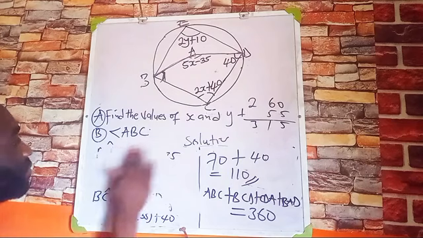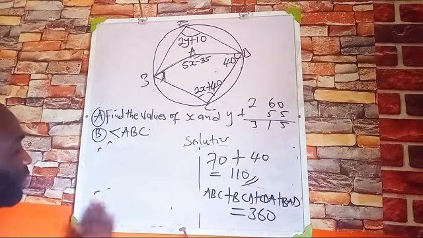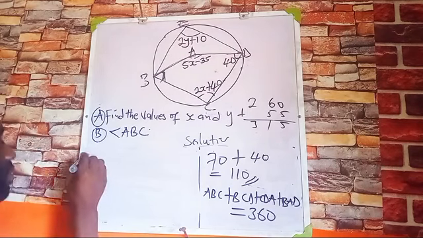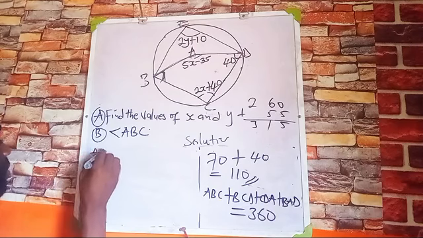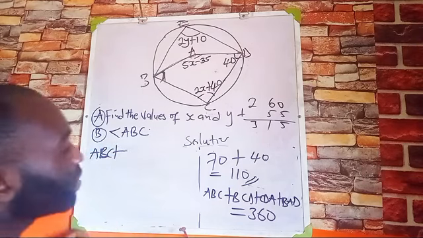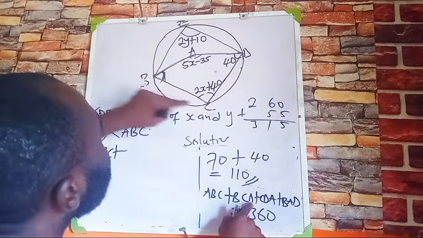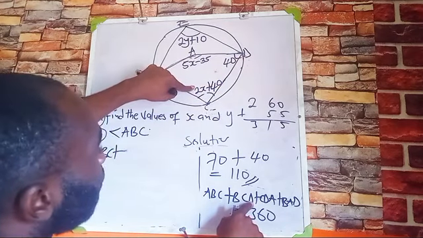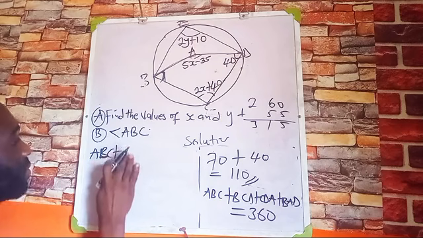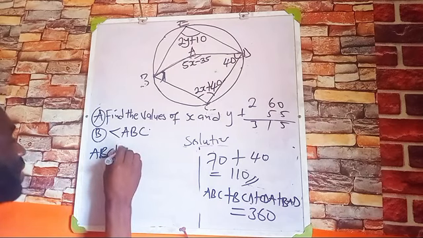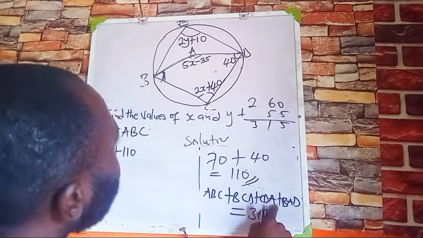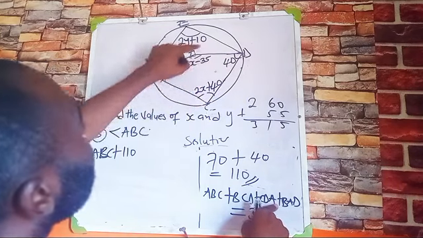But we know that BCD, we have it as 110. Then CDA is 40.